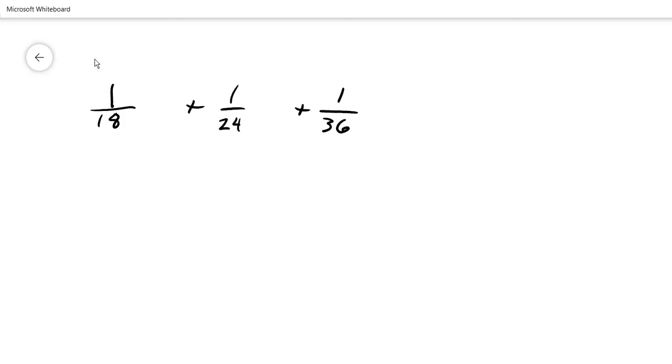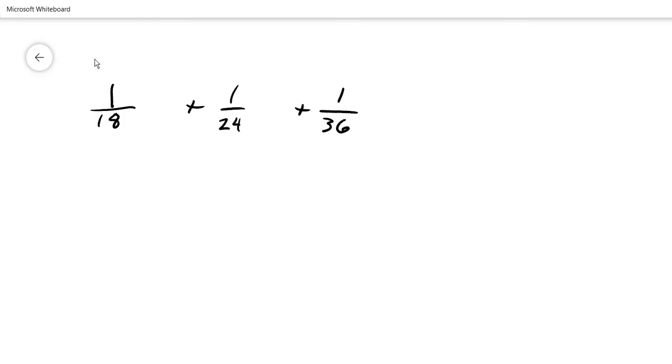But I'm probably a little lazy to do that. I'd rather do it in a way that's easier to understand, because to me, math is not really hard. It's just kind of tedious. All we really need to do here is make those denominators look alike.